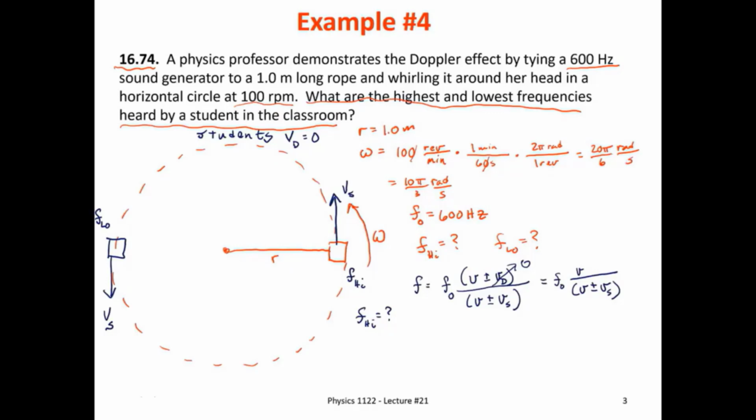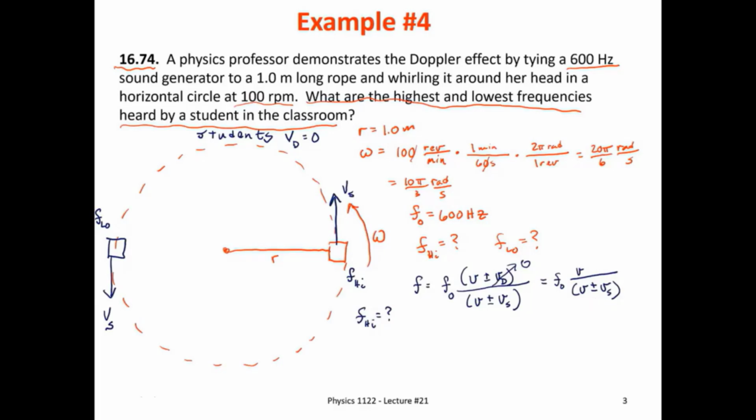And the way to achieve this is to choose the negative sign in the denominator so that the denominator becomes small, and that will give us an f value which is greater than f naught.